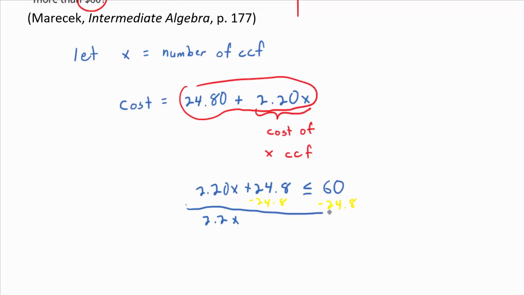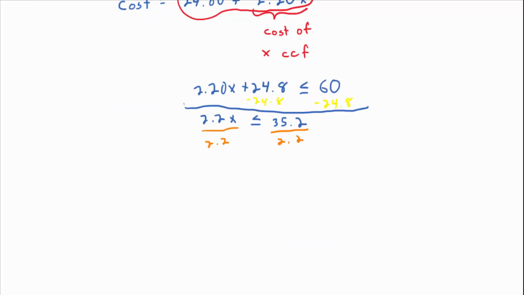And what does that turn out to be? What do you get? 35.2. And then what do we do at this point? We have 2.2x. To get rid of the 2.2, we divide, to balance it out, by 2.2 on both sides. So what do we get? Oh, nice. x is less than or equal to 16 what?